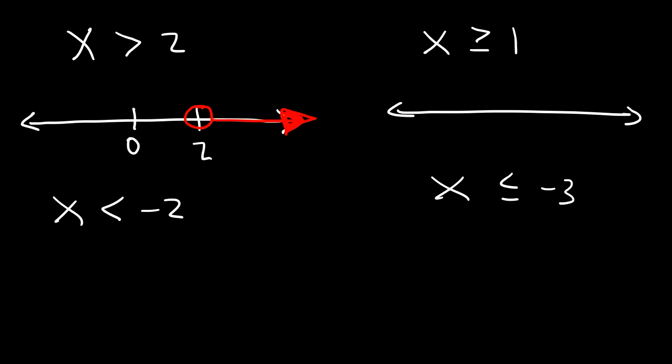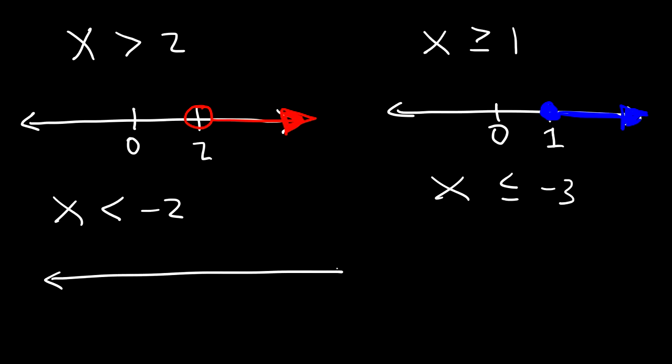Now for the second example, x is equal to or greater than 1. So we're going to have a closed circle to include 1. But we're still going to shade to the right because x can be greater than 1. For the third example, x is less than negative 2. So negative 2 is to the left of 0.